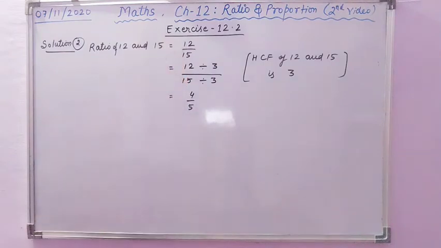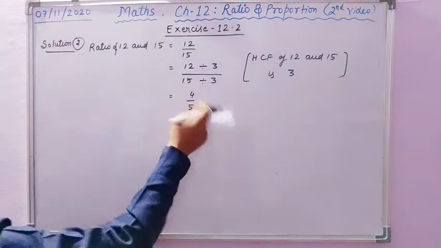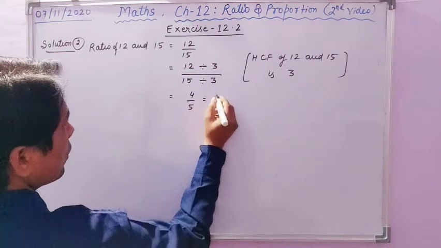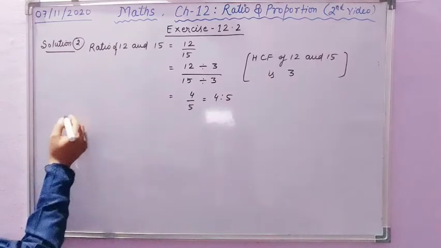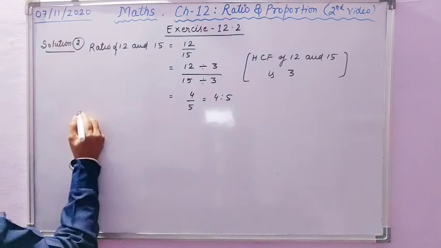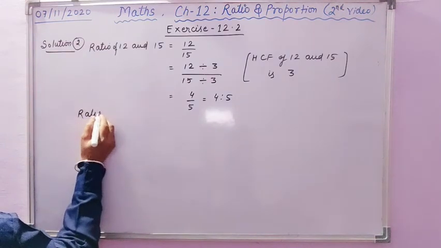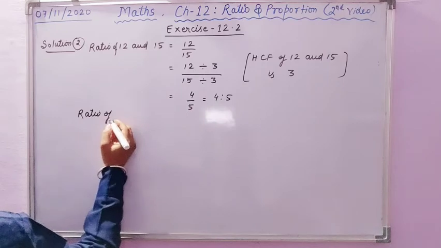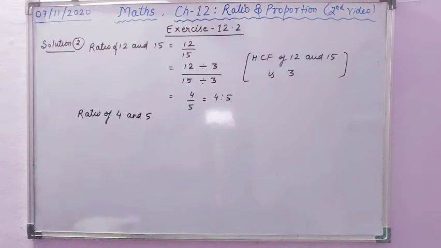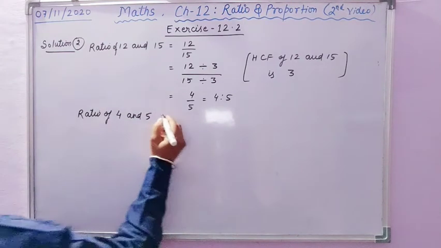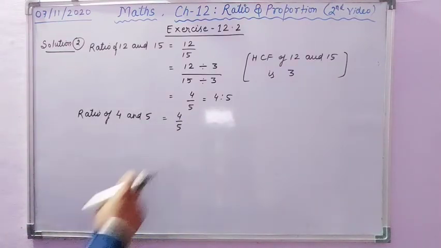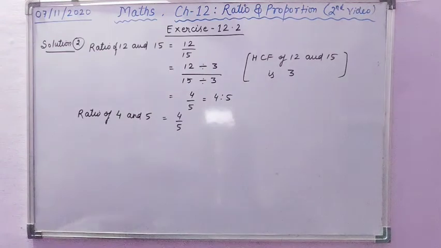The HCF of 12 and 15 is 3. Therefore, I have divided 12 and 15 by 3 and this is the answer. So the ratio is 4:5. Now the ratio of 4 and 5 is 4 upon 5, and the HCF of 4 and 5 is 1.